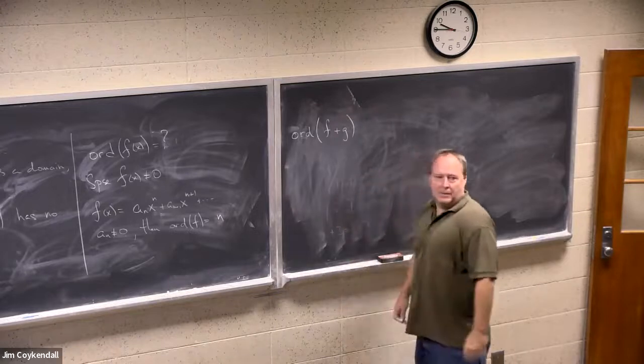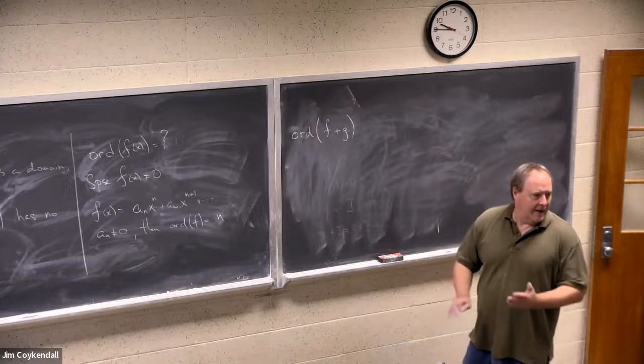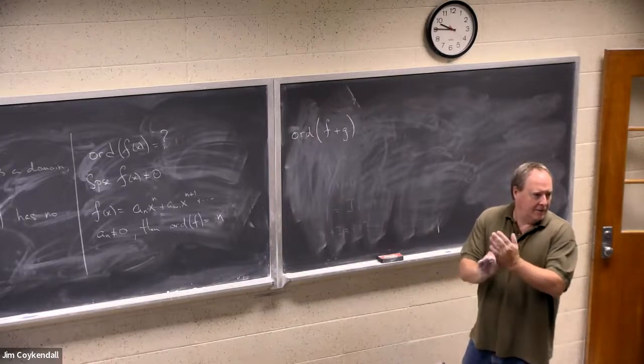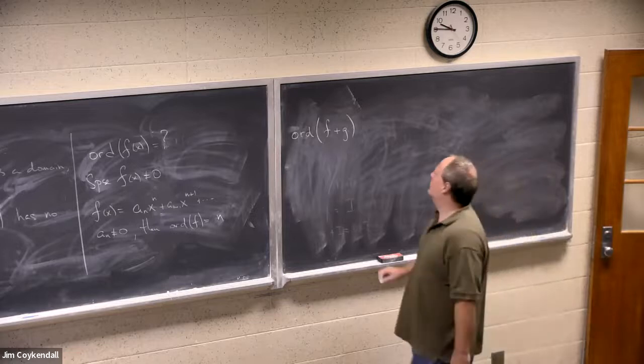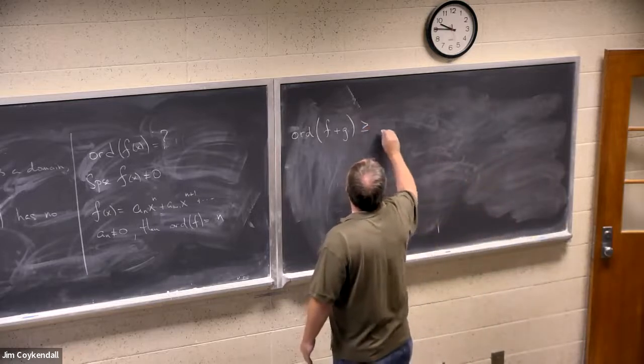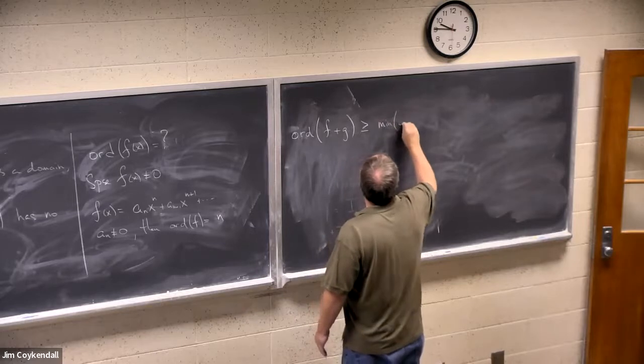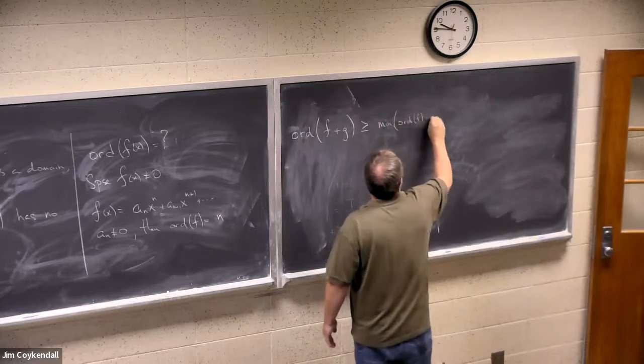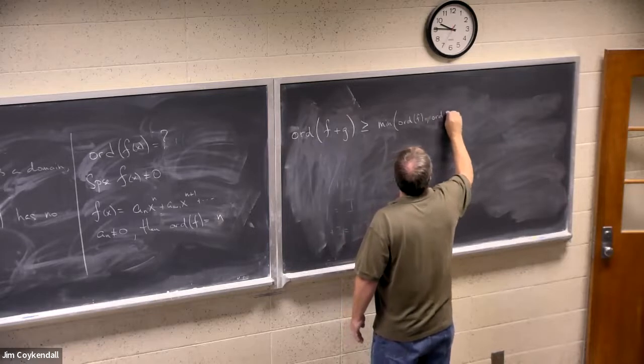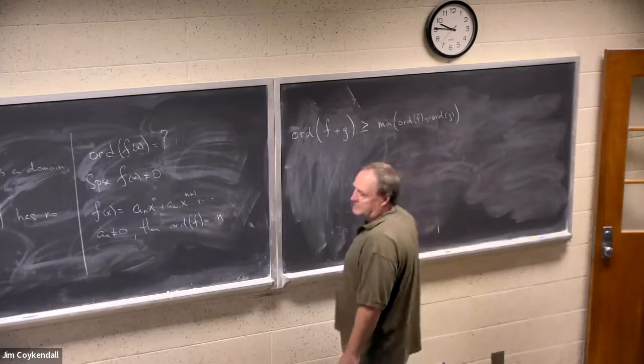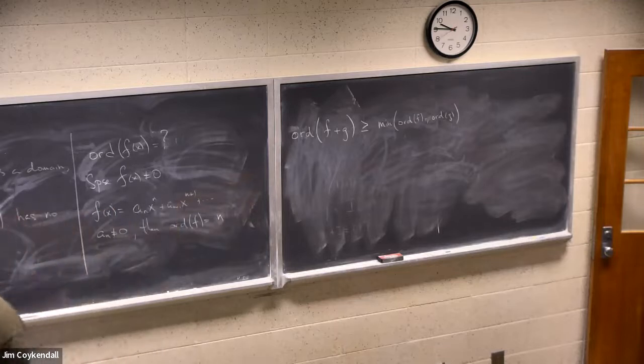It's actually the minimum of those two, unless you get unlucky and they add up to zero, and then it can be bigger. So this is greater than or equal to the min, and just like with polynomials, you get equality if the orders are different. Everybody okay with that? Notice it's kind of dual to what happened in polynomials, because this is a min instead of a max.